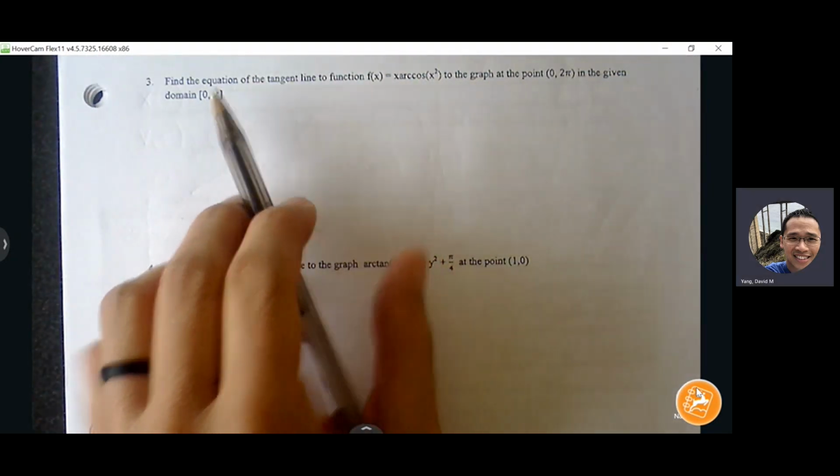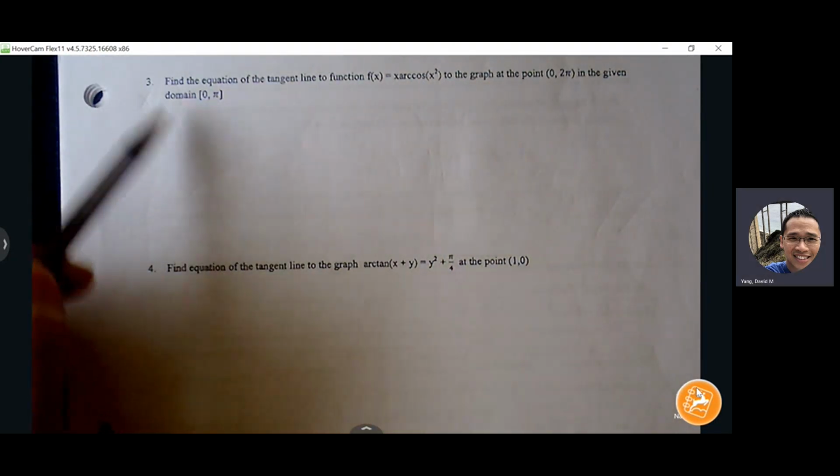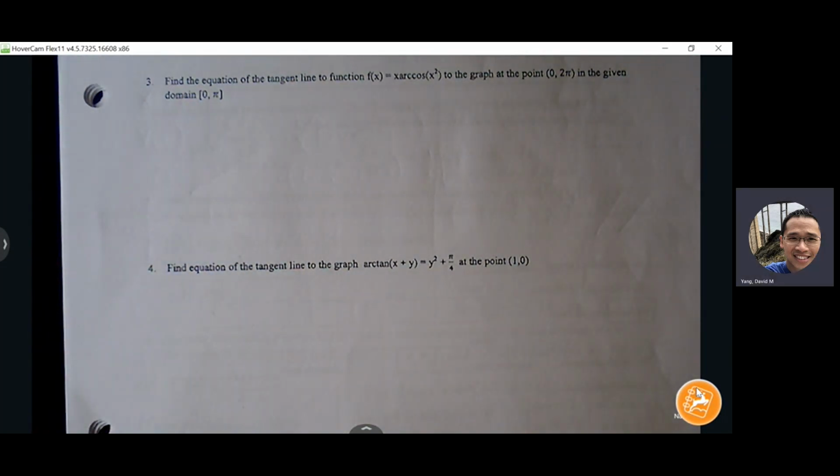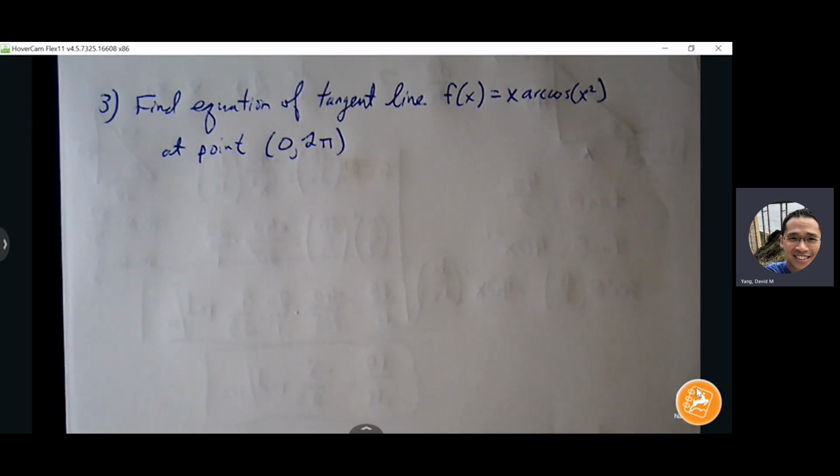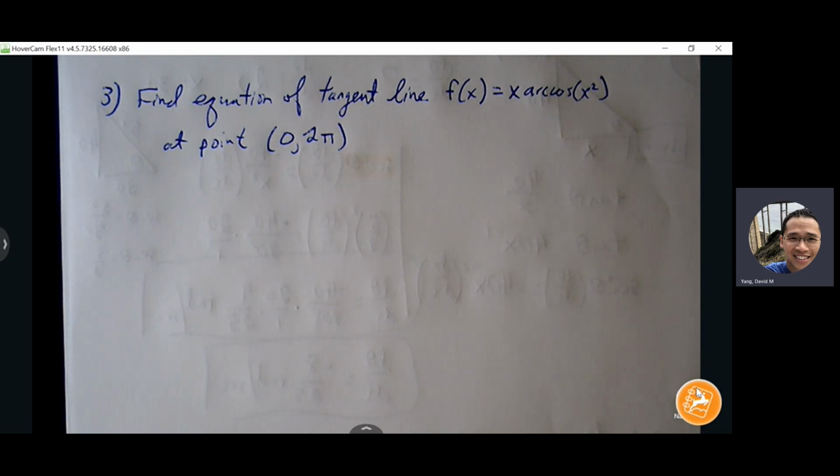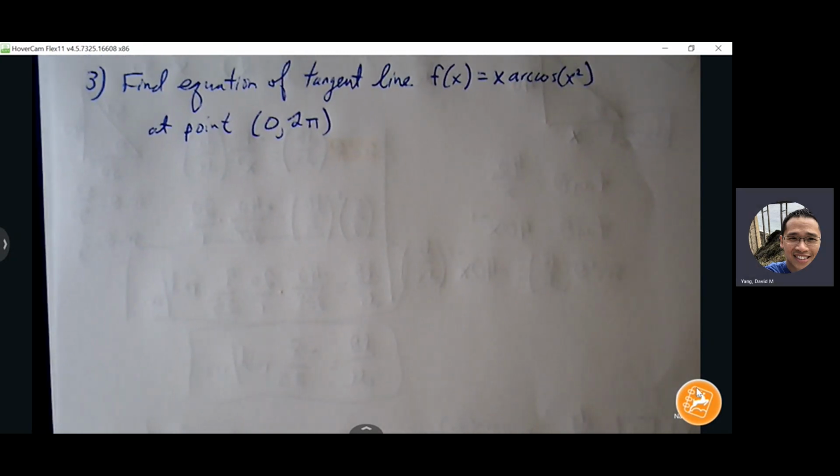This given domain, we'll worry about that later. When we deal with our cosine, we can see how that plays a role. But right now, we can just focus our attention on finding the derivative, getting the slope, and then point-slope form.